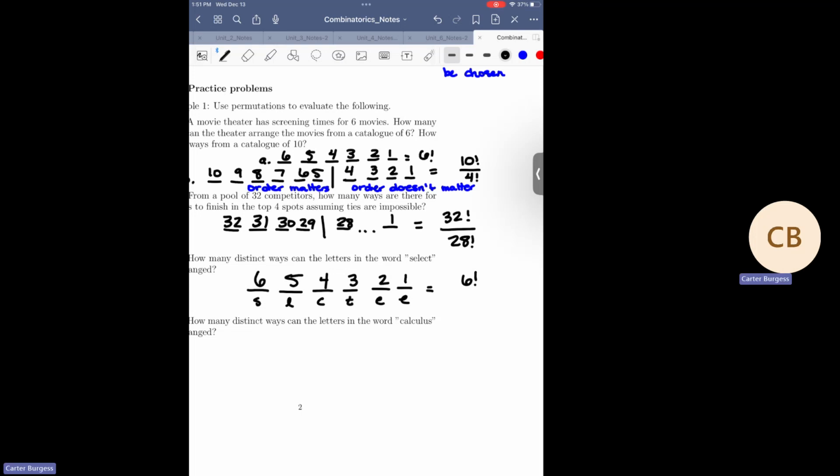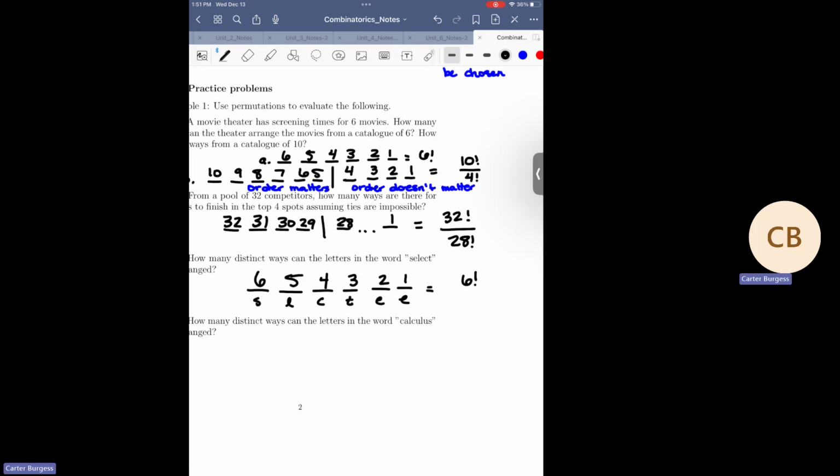But ultimately, for our word, can we tell the E's apart? No. And so if we've assigned everything other than the E's, the E's are the only 2 left.